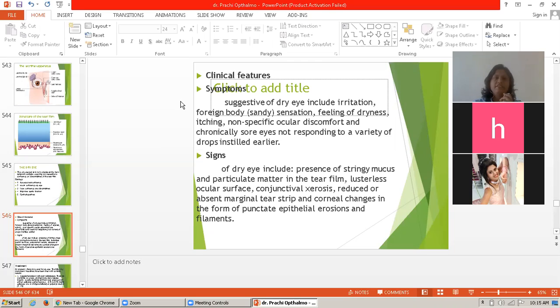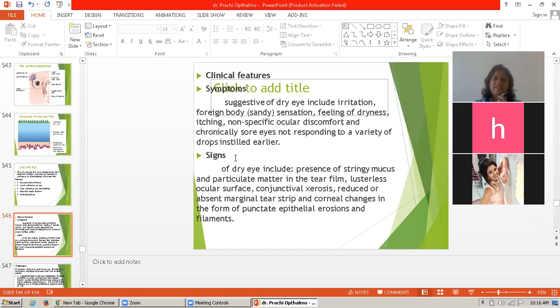When we see the clinical features, the symptoms suggestive of dry eye include irritation, a foreign body or sand-like sensation, feeling of dryness, itching, non-specific ocular discomfort, and chronically sore eye not responding to a variety of drops tried earlier.